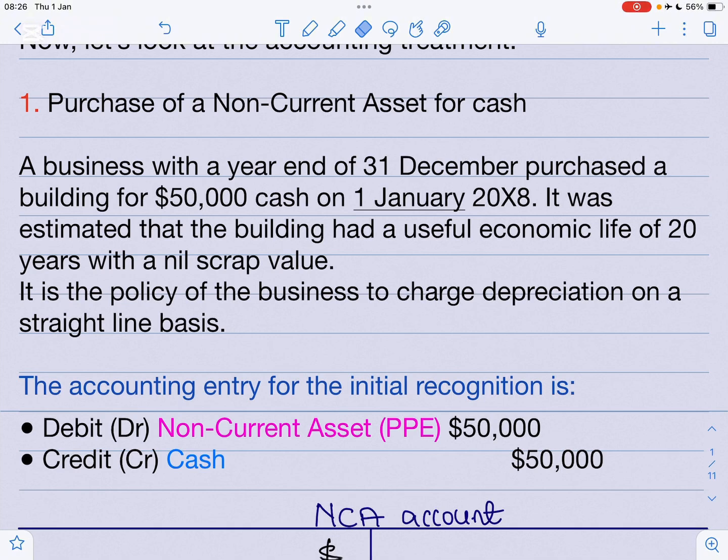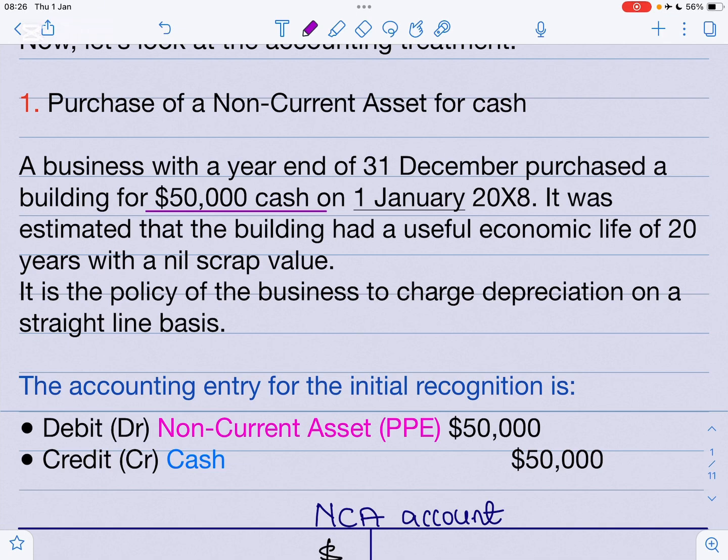Okay, so we're just going to extract the part that we're going to use to illustrate the initial recognition. From the question, we know that the business purchased a non-current asset for cash and the value is $50,000. So what are the two accounts that we are going to use for our debit and our credit entries?